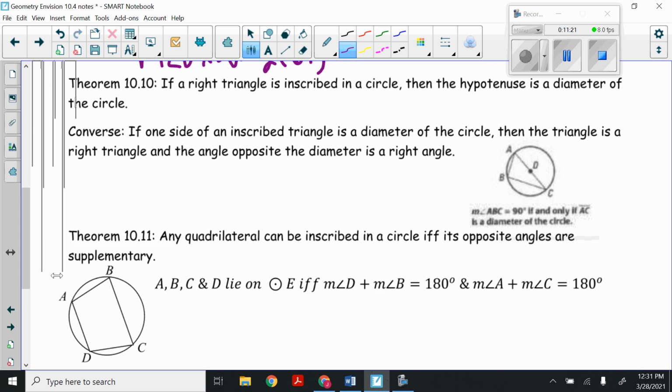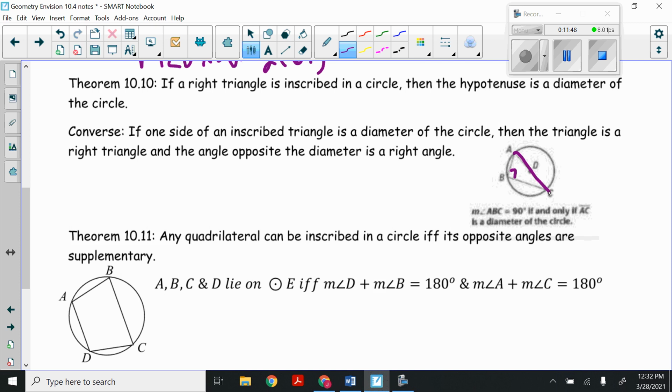So here it tells me the measure of angle ABC is 90 if and only if AC is a diameter. Then the converse just told me if AC was the diameter, and I have a triangle inscribed, then the angle across from my diameter, angle B, would have to be the right angle.